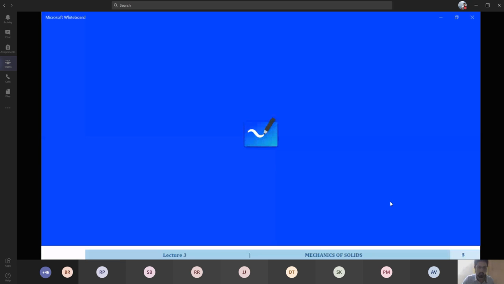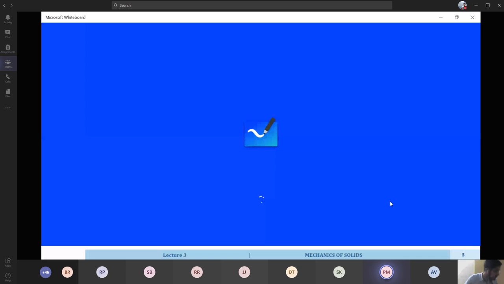Newton per meter square. So it is 35.41 into 10 power 9 Newton per meter square.